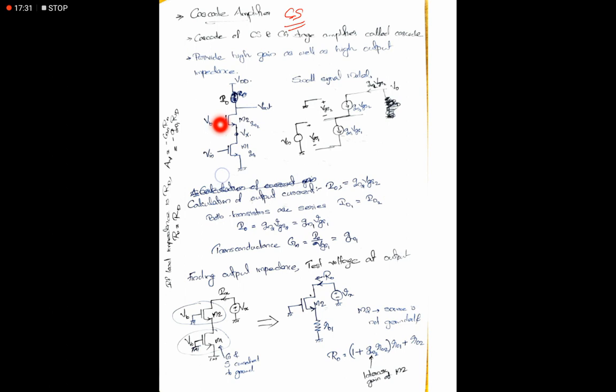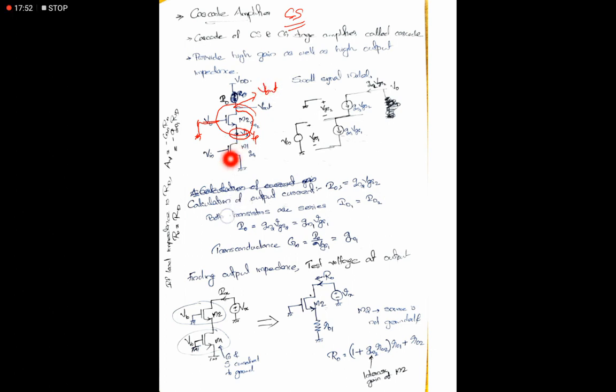So this is nothing but a common gate configuration, because in small signal analysis this will act as the ground. This will be the input to M2, and the output Vout is taken at the drain terminal VD.